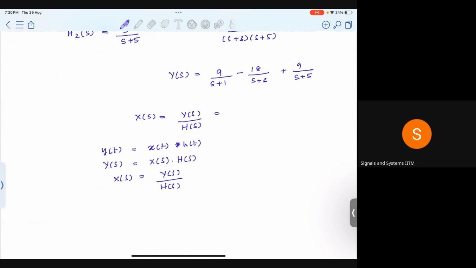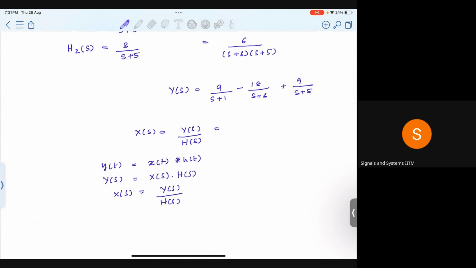X of s is nothing but, if you evaluate this y of s completely, it will be something like 72 by s plus 1 times s plus 3 times s plus 5, divided by your h of s, 6 by s plus 3 times s plus 5, and this is 12 by s plus 1.